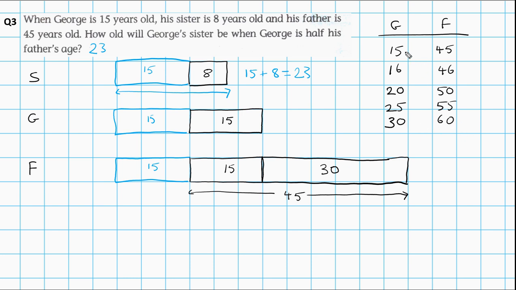And what have I added from 15 to 30? That's plus 15. So again, I know to add 15 to this 8. So that's another way that I could have solved this problem. I didn't necessarily have to draw the model, but if I felt that I could draw it and get an idea of what was going on, that is definitely a good way to do it.